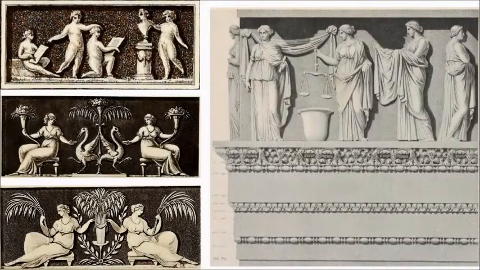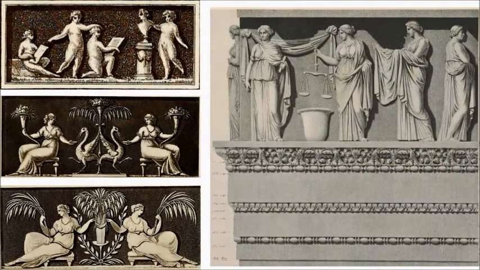First, let's start with the human. As we consider ornament with human depictions, we see here that ornament is in many instances applied to the frieze area of an entablature in a classical order on the facade of a building.